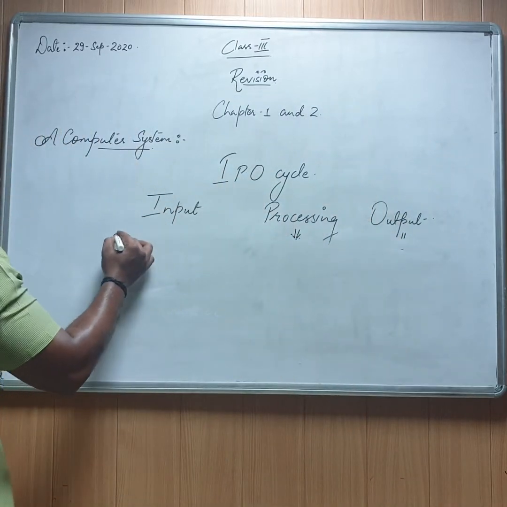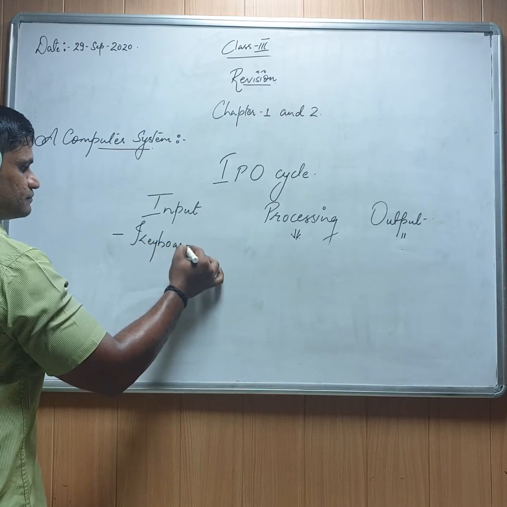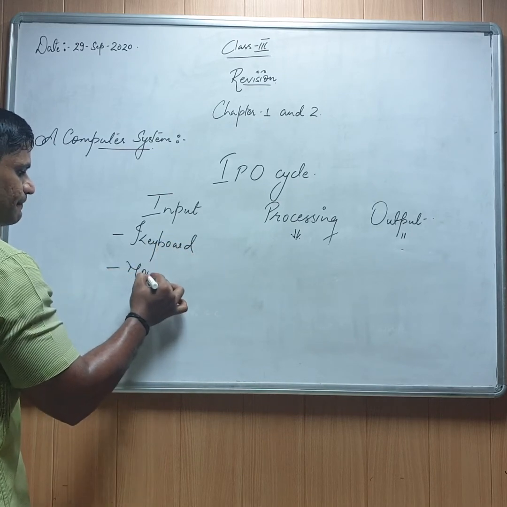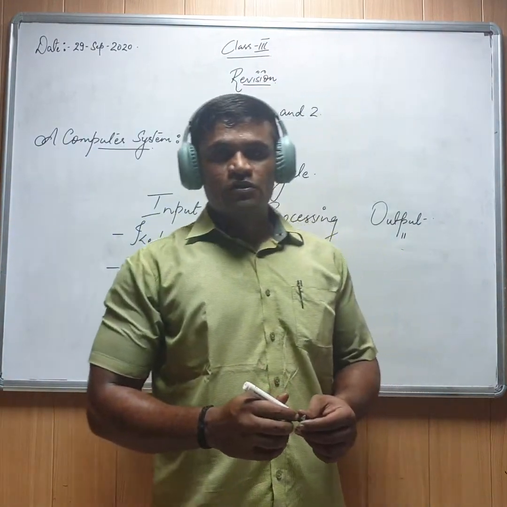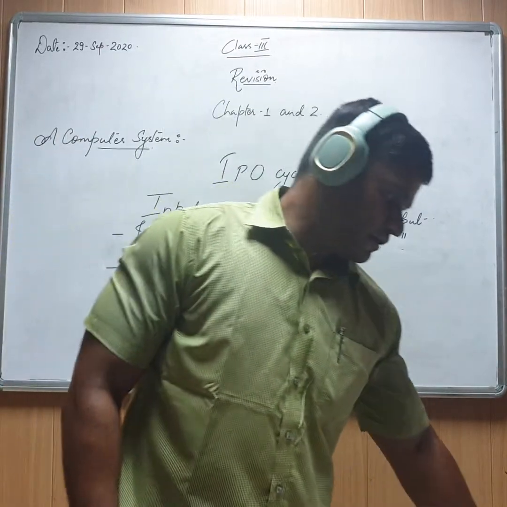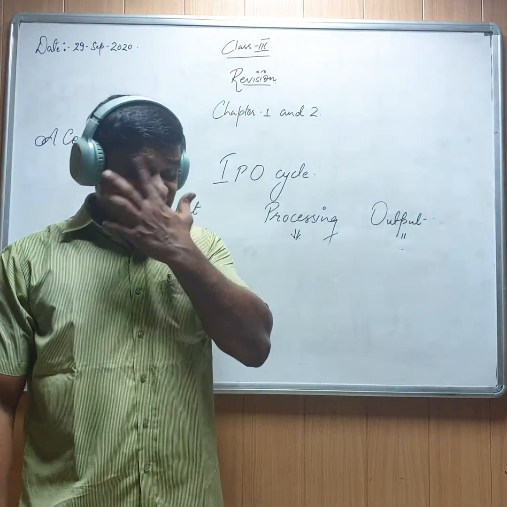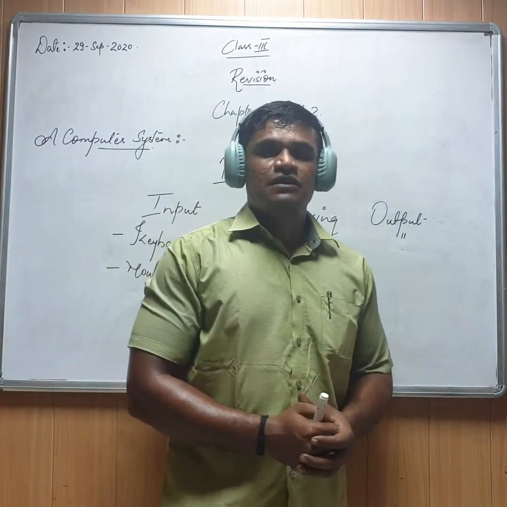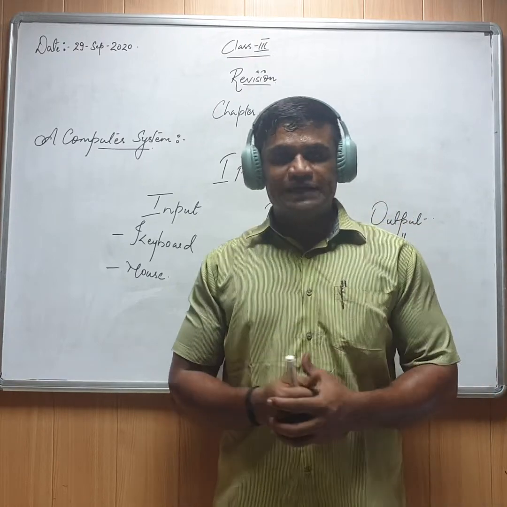For providing input, basically we use keyboards and mouse. The keyboard is the most common method of providing input to the computer, and it contains keys. We have discussed this in chapter number 5, where we studied the different keys.